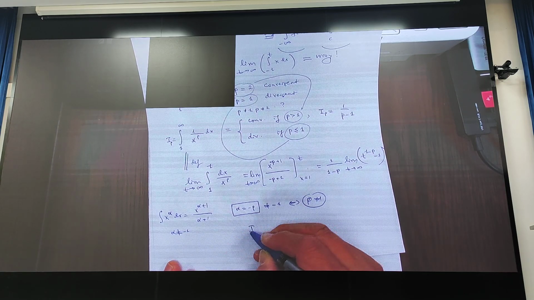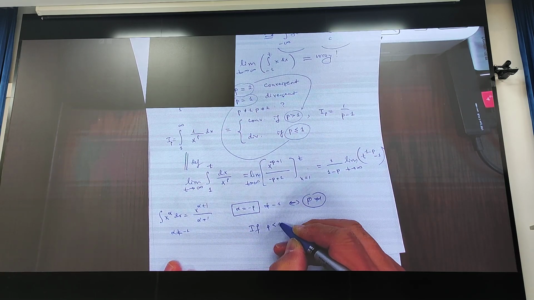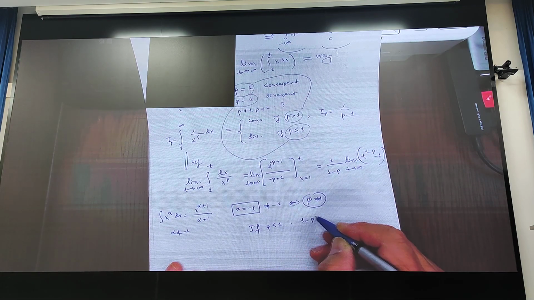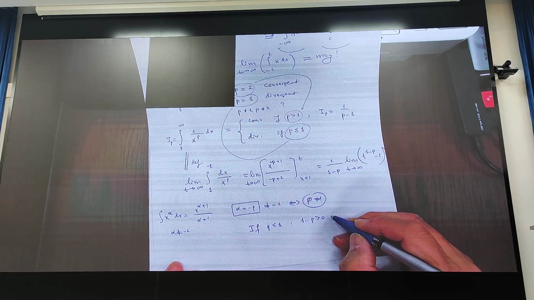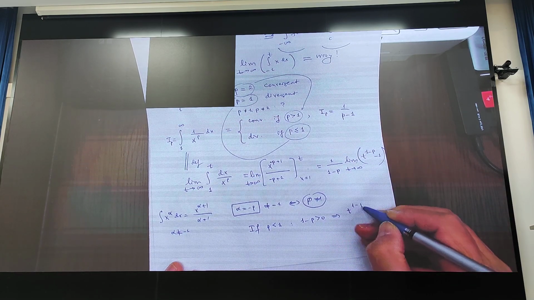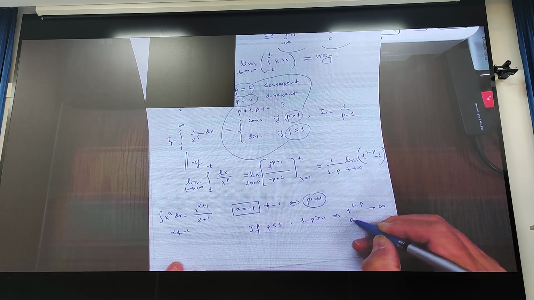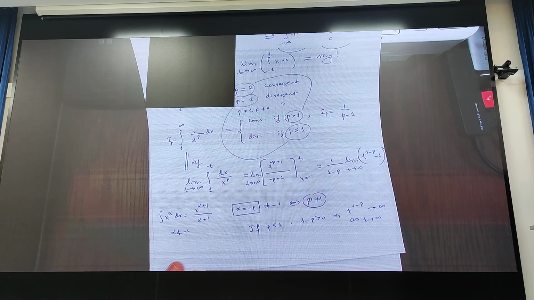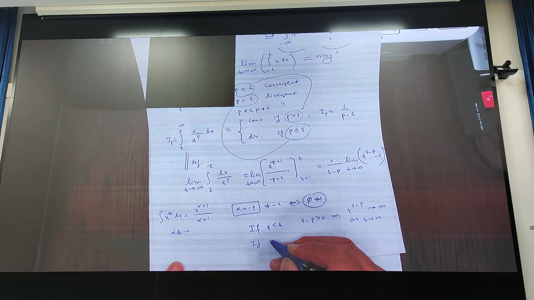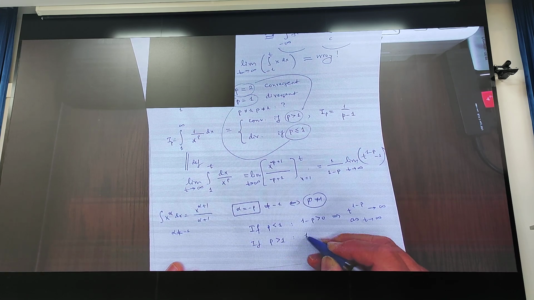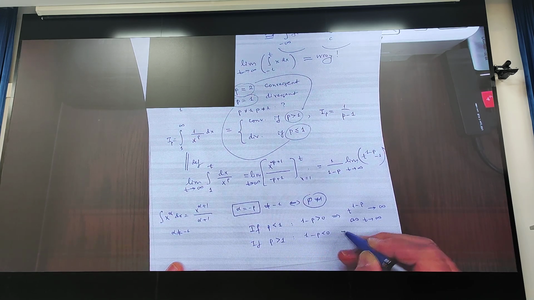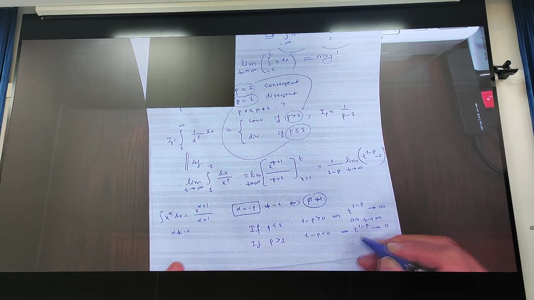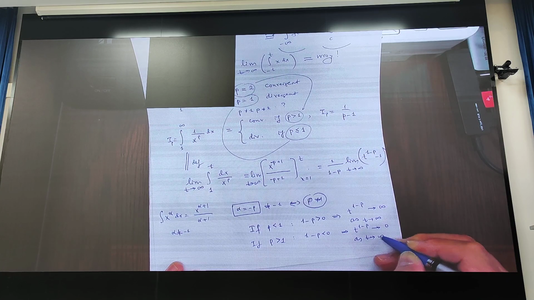If p is less than 1, then 1 minus p is positive and t^(1-p) tends to infinity as t tends to infinity. In case p bigger than 1, 1 minus p is less than 0, then t^(1-p) tends to 0 as t tends to infinity.